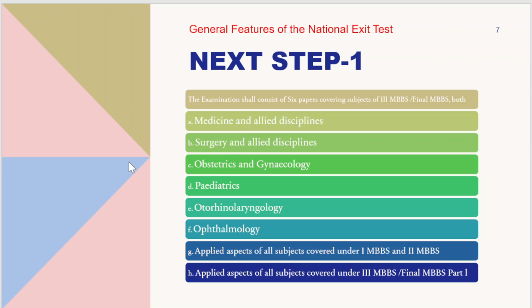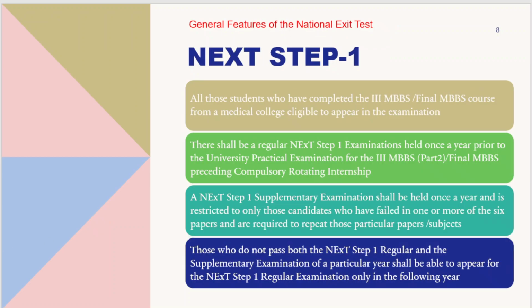Okay, the weightage of all the subjects would be given percentage wise, which we will see further. All those students who have completed the final part 1 or final part 2 MBBS course from a medical college are eligible to appear in the examination.